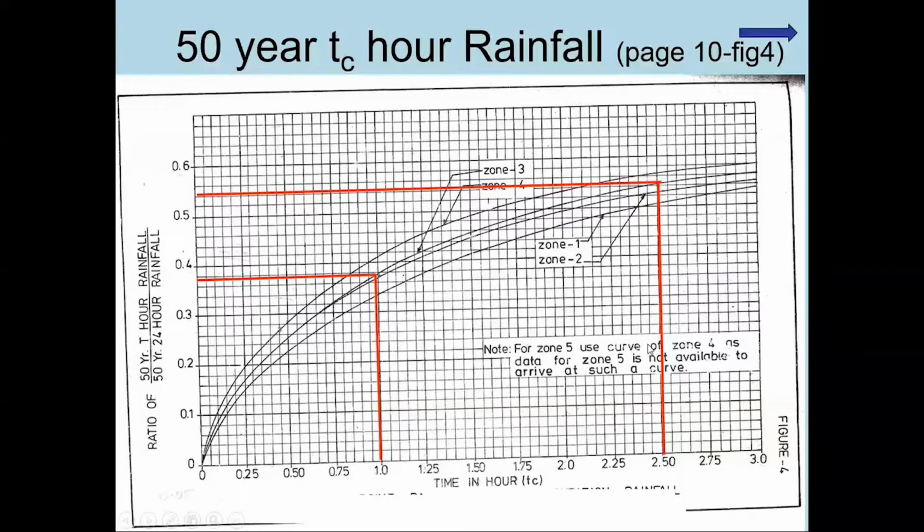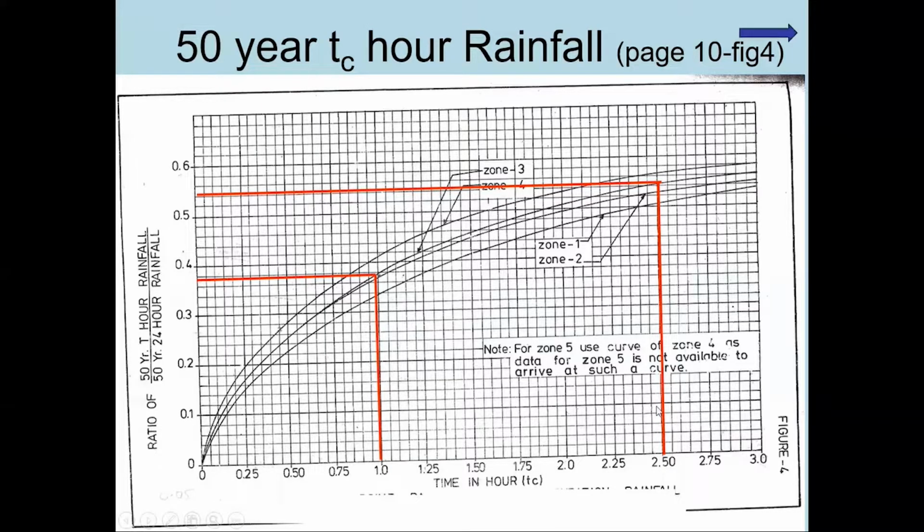And for 6 and 7, I have already said that the hydrological data and those graphs are not available. So for 1 hour duration, please write down the value 0.37. It is from the graph. Are you able to see that? And it is for zone 3. So this is the curve.